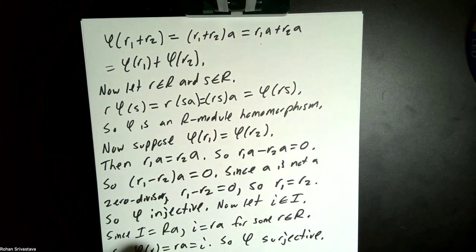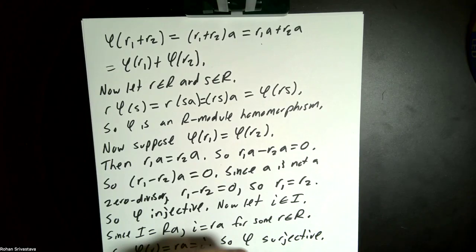And therefore I is isomorphic to R as R modules, and thus, since R is a free R module, I is a free R module.